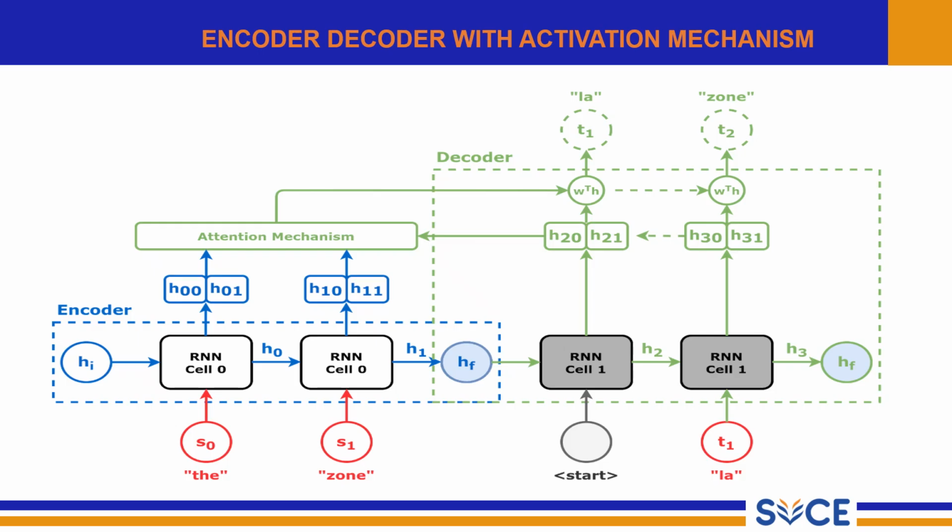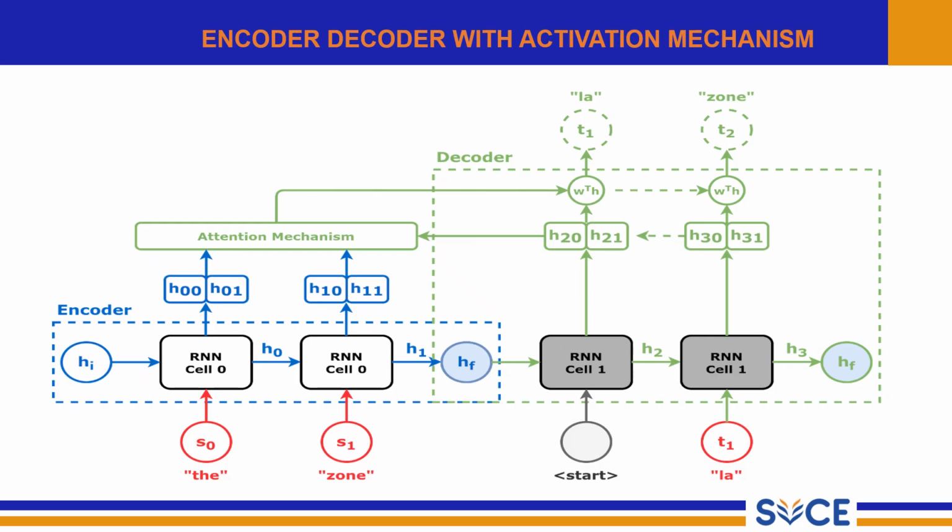And then the decoder, on the right side, starts with a start token. At each step, the decoder RNN, H2 H3, combines its previous state with the context provided by the attention mechanism to predict the next word.